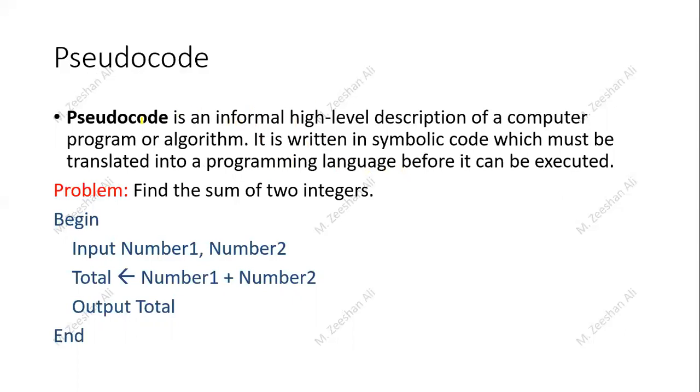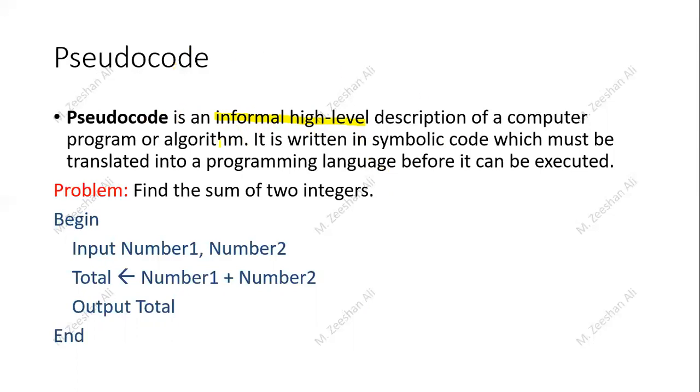In the pseudocode, we will be using simple language in which we will tell what is going to be done and how it is going to be done in the form of steps, using informal language. These are English codes and they are very easy to understand. The programming codes are different. For the programming codes, we need to be focused and we need to remember the syntax of writing any command, any instruction.